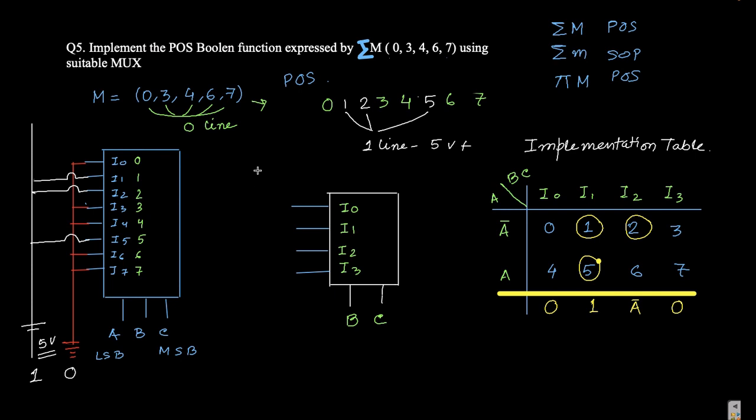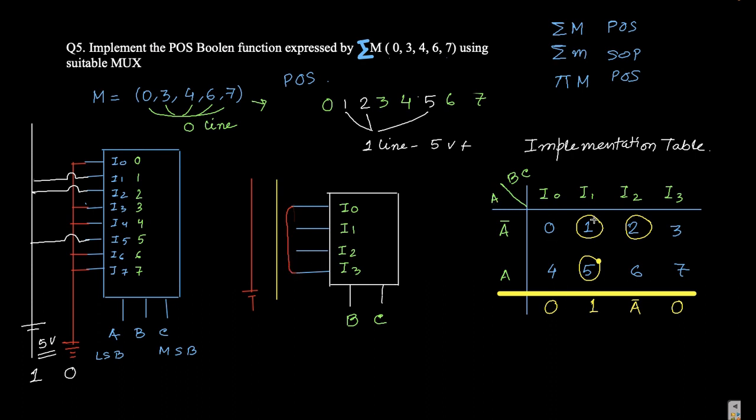It means that if we draw a 0 volt line and a 5 volt line, for I0 it is 0, and I3 is 0, so you can make I0 and I3 short circuited, as both are 0.